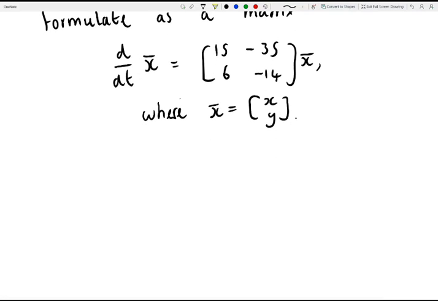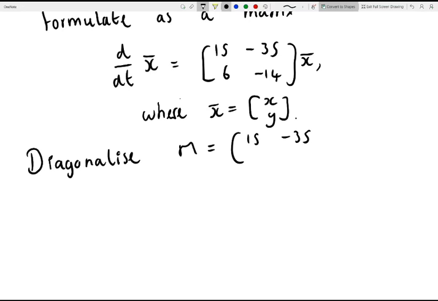So the first thing we want to do is diagonalize the 2 by 2 above. Let's call it M: 15, minus 35, 6 and minus 14.